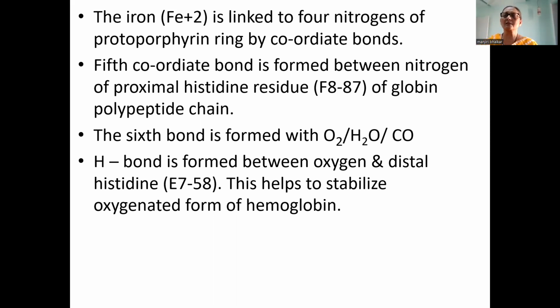So this is called F8, but 87 overall. Similarly, the distal histidine is number 58 in the entire globin chain, but it is located on alpha helix E, and it is number 7 on that helix.